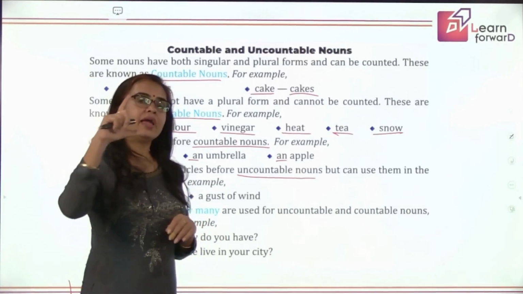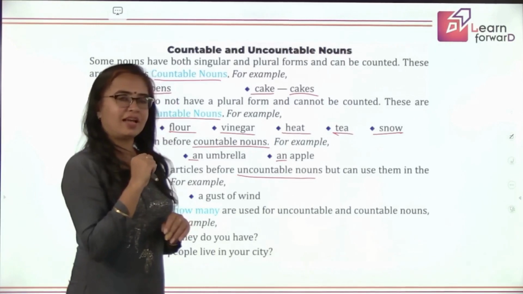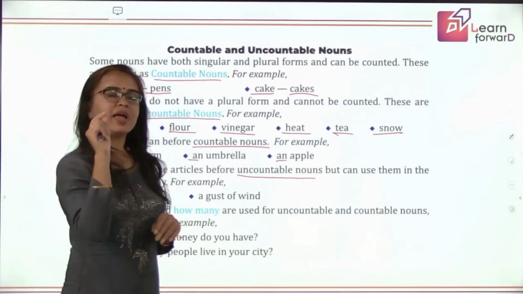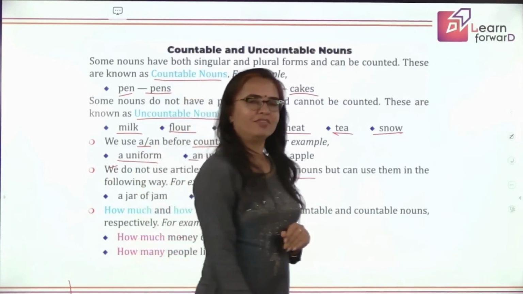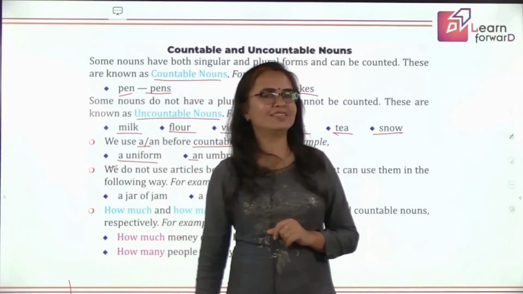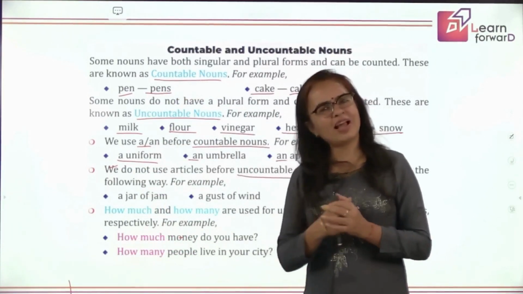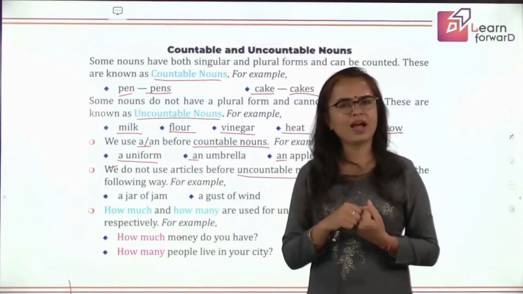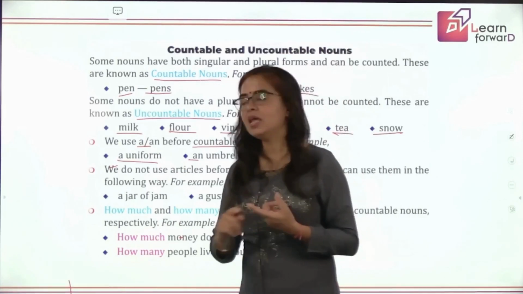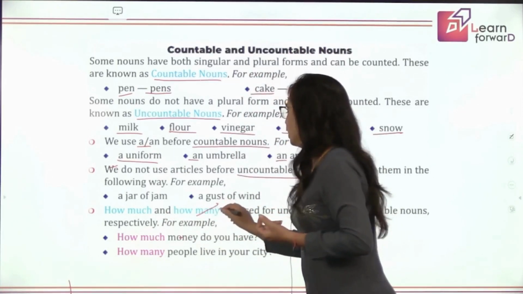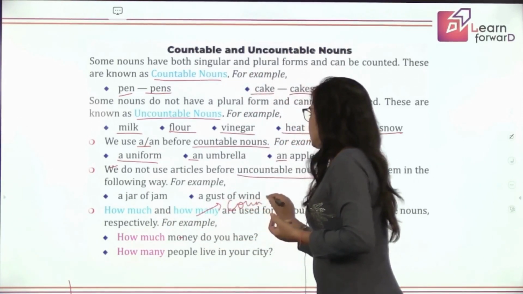I am counting the glasses again, which is why I use how many. How many friends do you have? Can you count your friends? Yes. So will I say, how much friends do you have? No. That is how many is used for countables only.